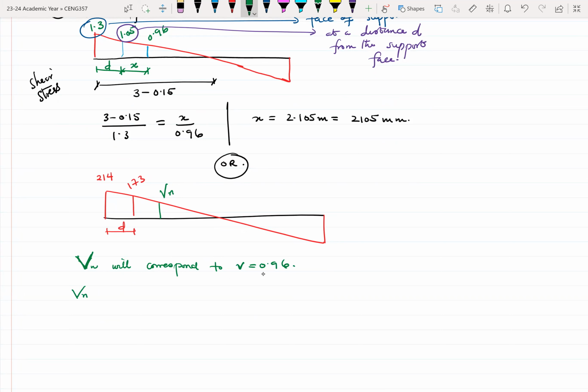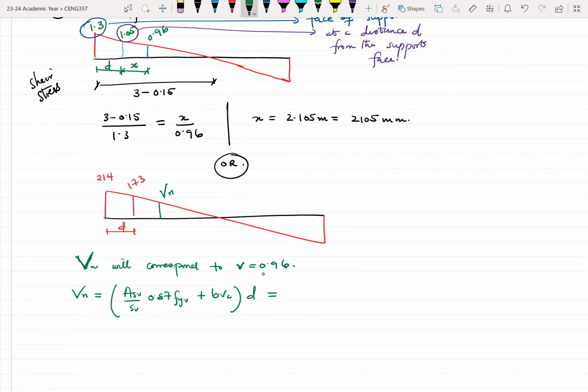And we have written that Vn is equal to bracket open Asv over Sv times 0.87 fyv plus bv vc times d. All right, so let's put that.